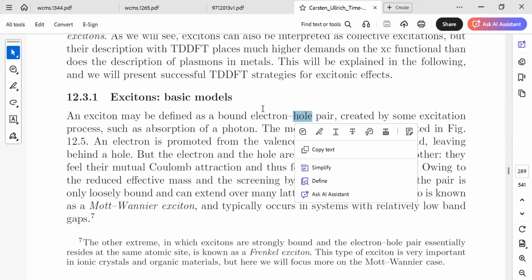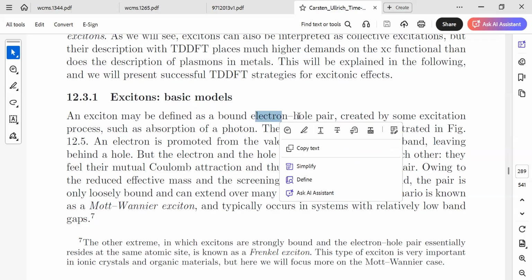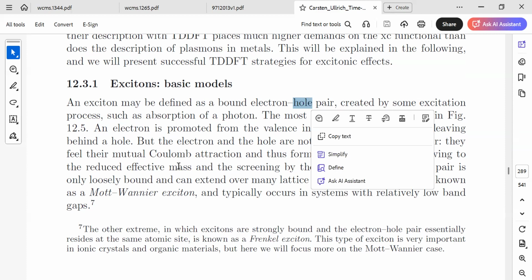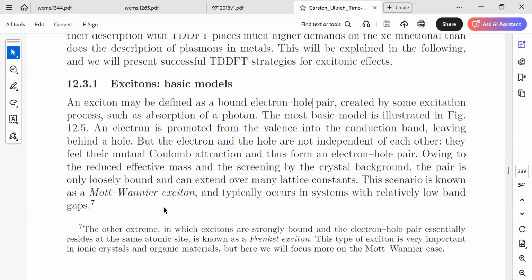So the idea is that this electron and hole are not independent of each other. Actually, they behave collectively. This is something different compared to the simple theory in which we say that there is an electron in a low energy level and it jumps to the next energy level.